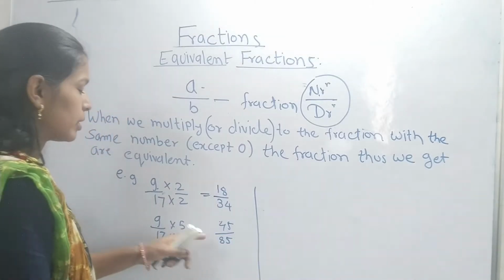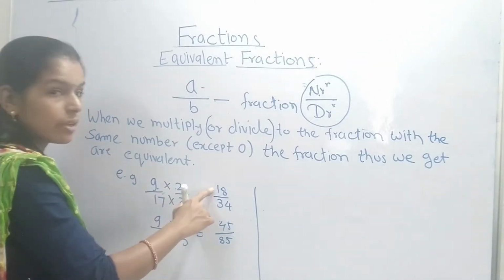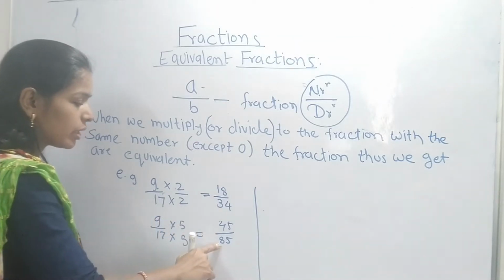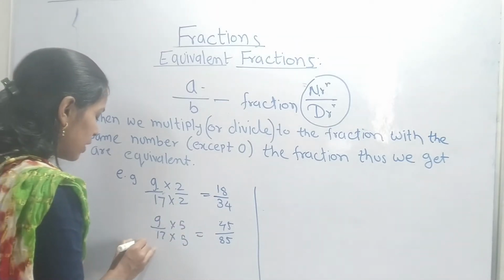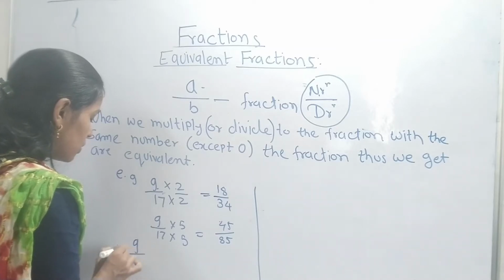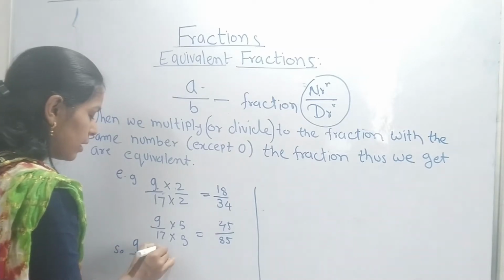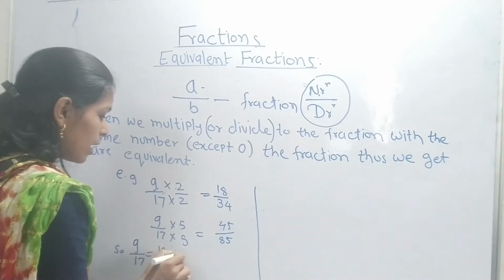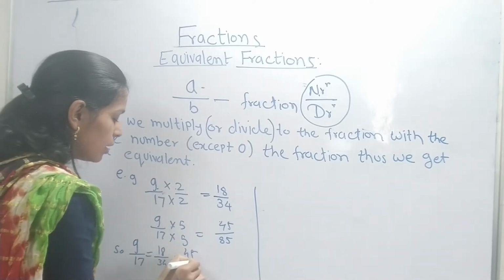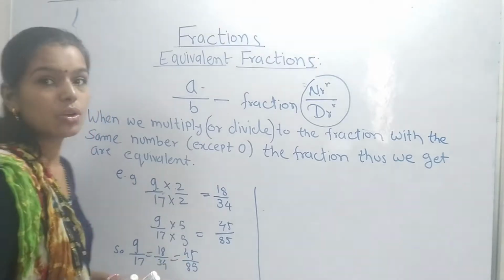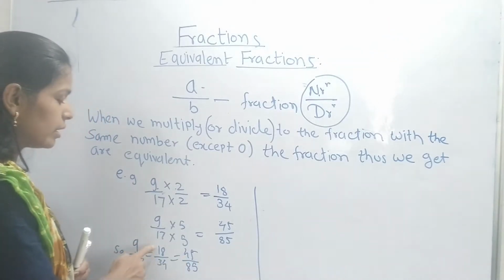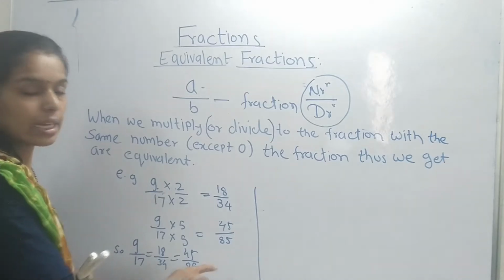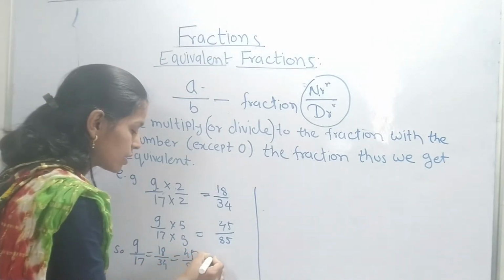So 9 upon 17, 18 upon 34, and 45 upon 85 are equivalent fractions.